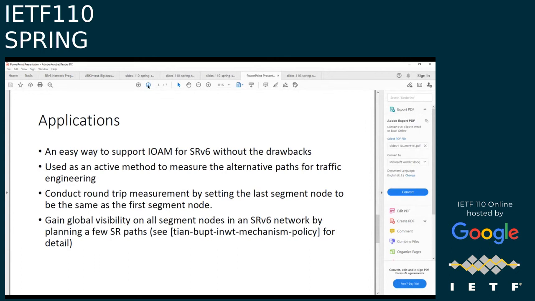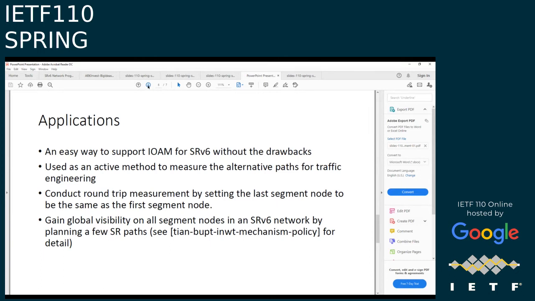This scheme not only supports IOAM for SRv6 while avoiding several of the encapsulation drawbacks, it can also support many other applications. The first is that we can use this as an active method to measure alternative paths for traffic engineering. If we have multiple candidate paths to the same destination, where one is active but others are standby, we can actively monitor them to get their real-time performance.